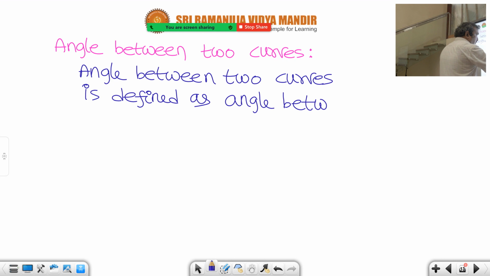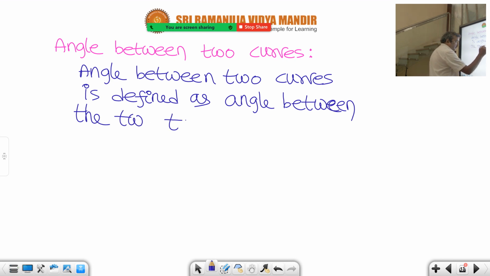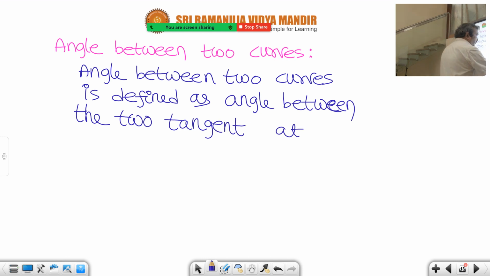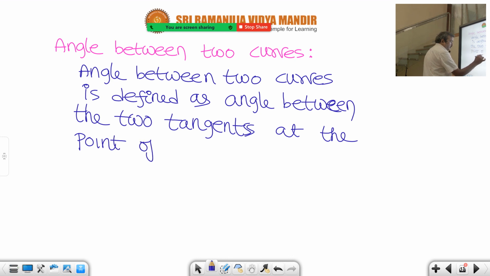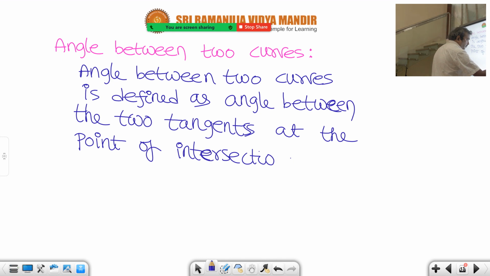the angle between the two tangents at the point of intersection. Right. And after this, moving to next slide.